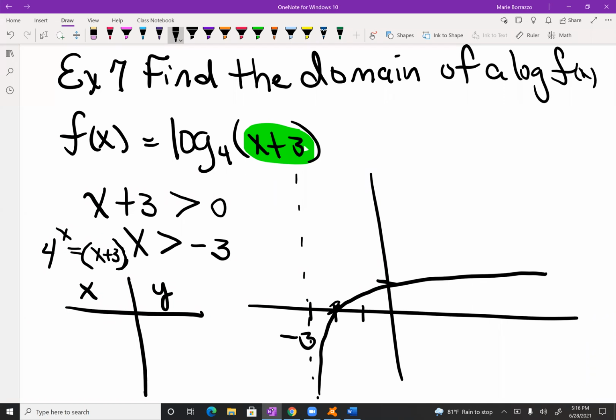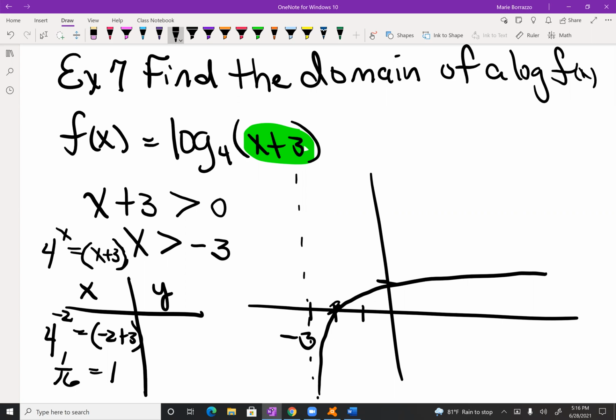So the easiest way I can tell you is, if you just know that when x is -2, and you plug this into the equation, you know that y has to be 0, right? Because 4 to the -2 is equal to -2 plus 3. Mathematically, this is going to give you the equivalent of 1/16 is equal to 1.